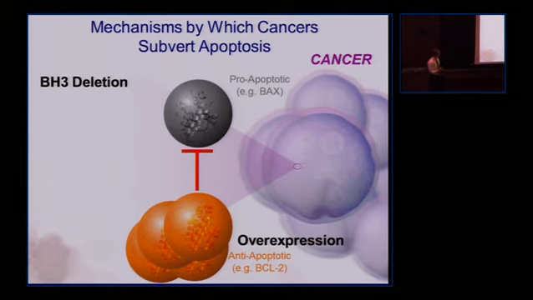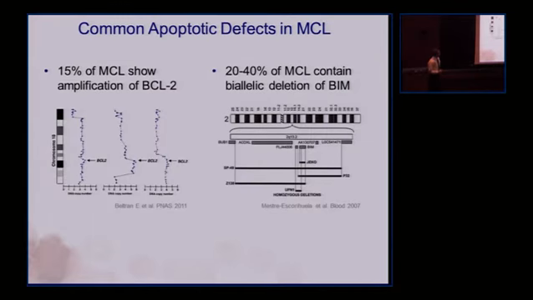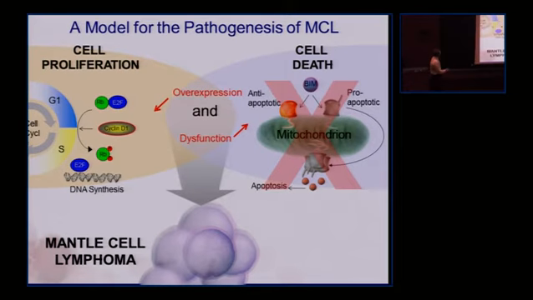As it turns out, both of these mechanisms are at play in mantle cell lymphoma, where we can see amplification of BCL2 in about 15% of cases, as well as biallelic deletions of BIM in about 20 to 40% of cases.